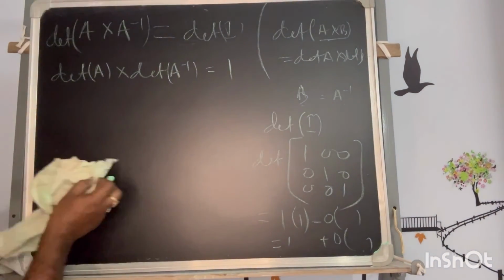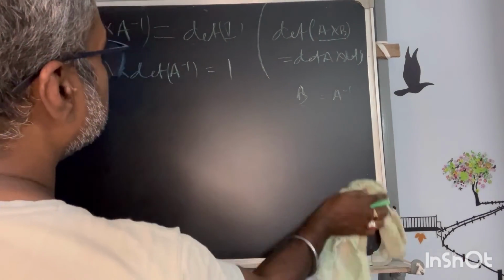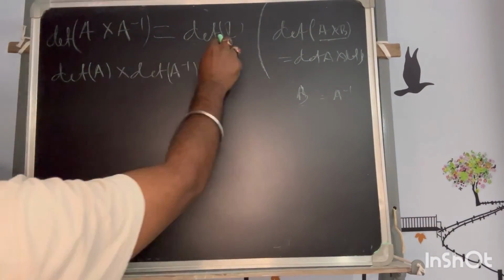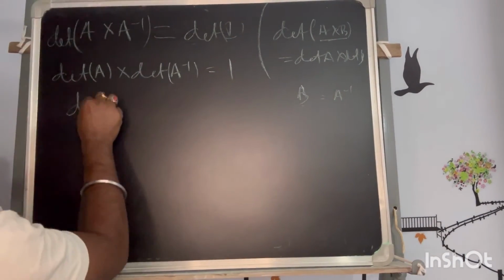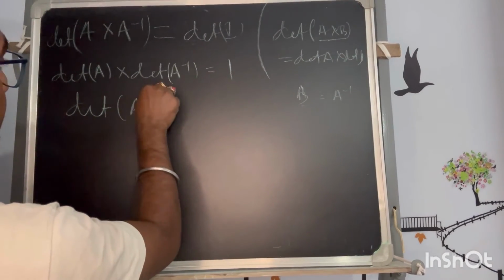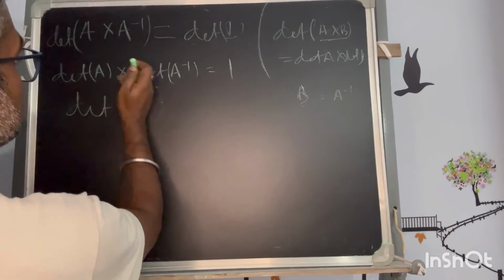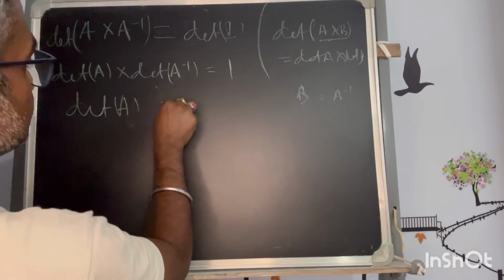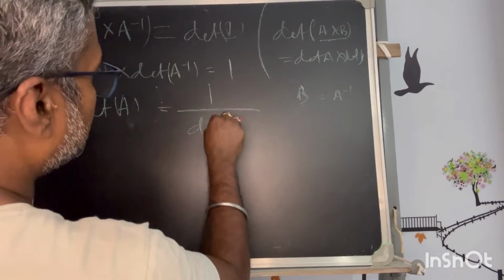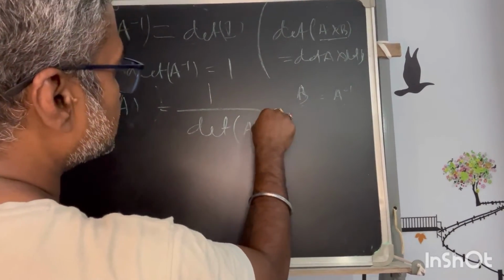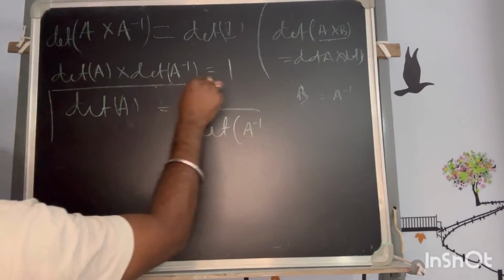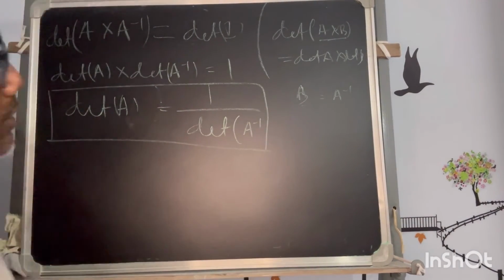Okay, this is very easy to understand. So the determinant of the identity matrix is 1, so you can write determinant of A into determinant of A inverse is 1, or you can say determinant of A inverse is 1 over determinant of A; this relation also applies whenever required. Understood?